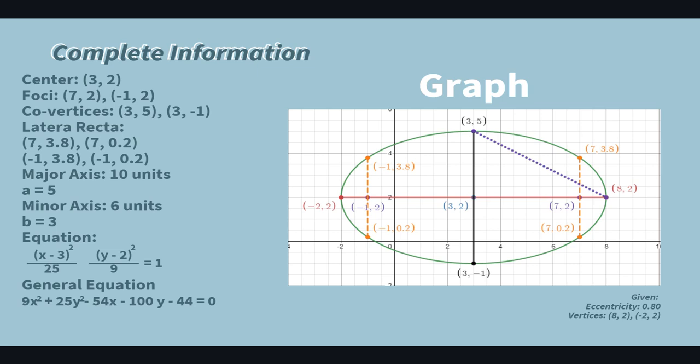The equation would be (x - 3) squared all over 25 plus (y - 2) squared all over 9 is equal to 1. And the general equation would be 9x squared plus 25y squared minus 54x minus 100y minus 44 is equal to 0. And this would be our graph. That is all. Thank you.